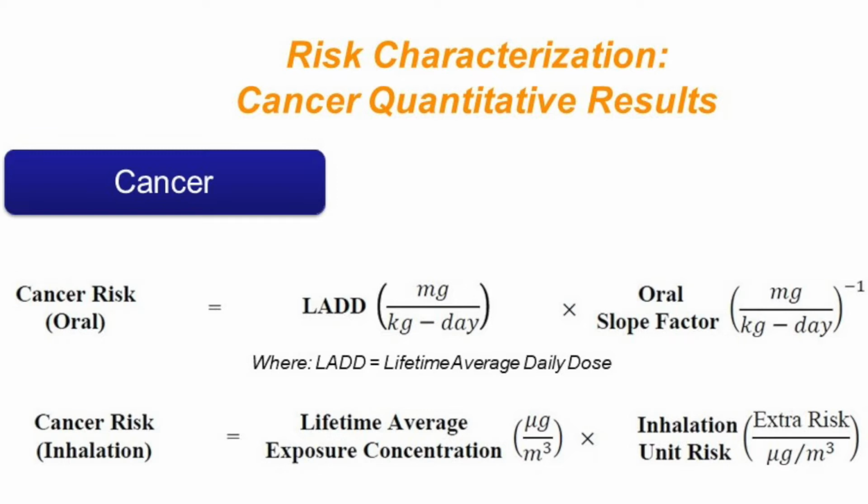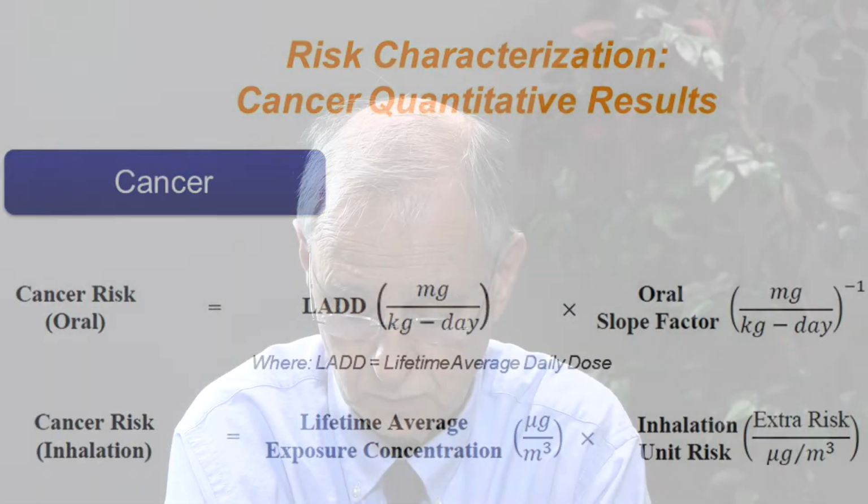The slope factor is just the inverse of that, milligram per kilogram per day to the minus one. So that gives you a unitless number. And the cancer risk for inhalation for airborne pollutants is lifetime average exposure concentration, microgram per cubic meter, times inhalation unit risk, which is 1 over microgram per cubic meter, or extra risk divided by microgram per cubic meter. So the resulting number will be an extra risk.